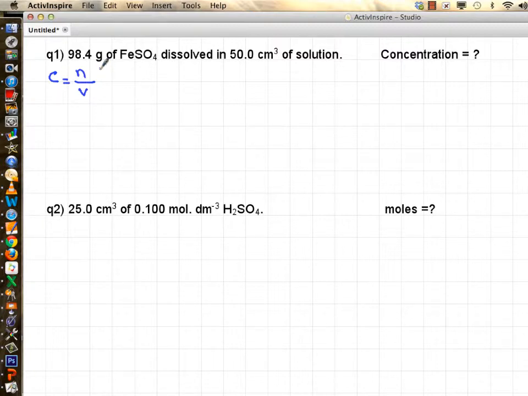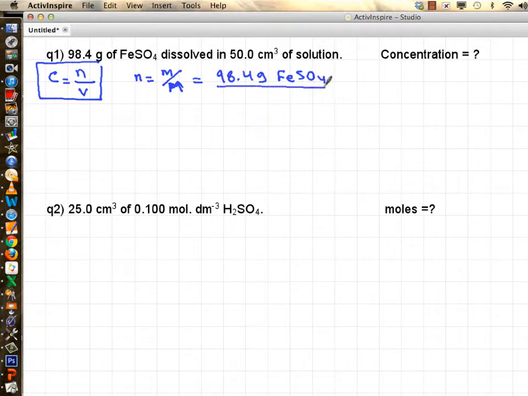Let's have that. One thing I don't have is moles, so I have to find moles, and I know moles is simply mass divided by molar mass. So in this case, let me reiterate, this is capital M for molar mass. I have 98.4 grams of FeSO4. Now molar mass of this compound is, you have 1 iron, which is 55.84, plus 1 sulfur, 32.06, plus 4 oxygen, 4 times 16 grams per mole.